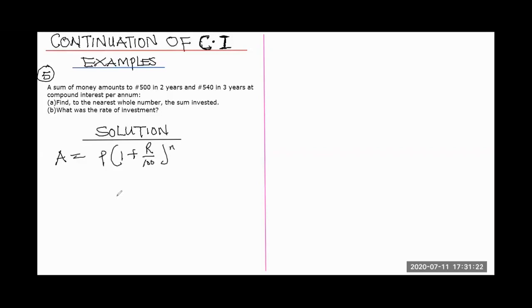Now I want to tell you that this question will lead us to simultaneous equations. Someone will ask how or why. The reason is that when you put your A as 500 naira and your n equals 2, you're going to have P and R unknown.